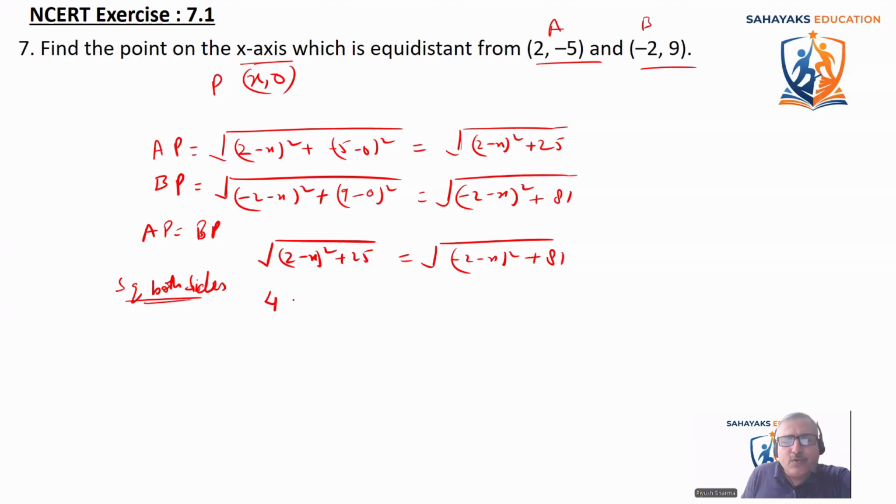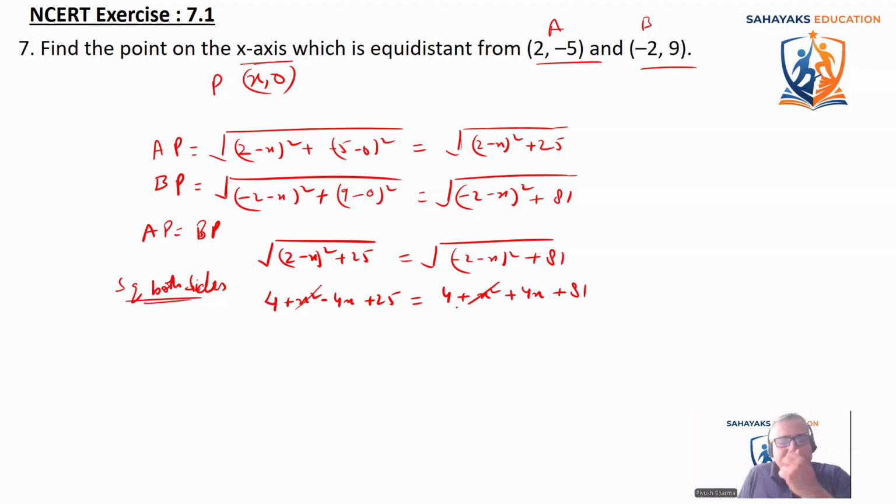It becomes 4 plus x square minus 4x plus 25 is equal to, let's open this part also, 4 plus x square plus 4x plus 81. From here, x square will get cancelled out with x square.